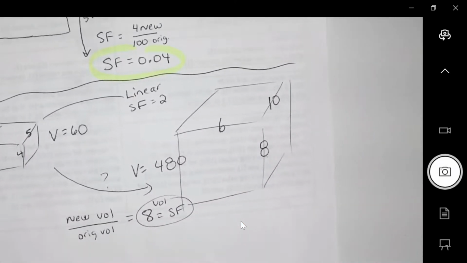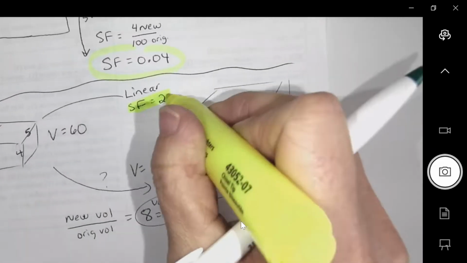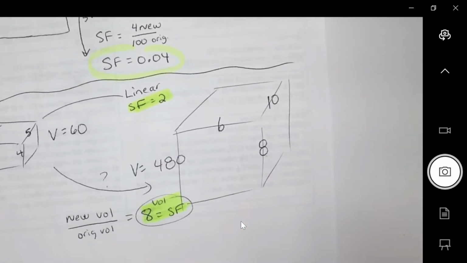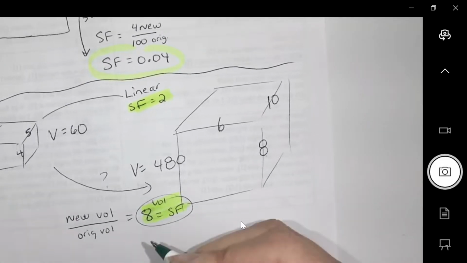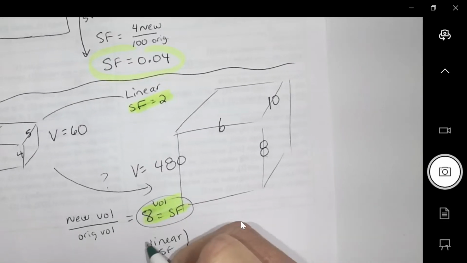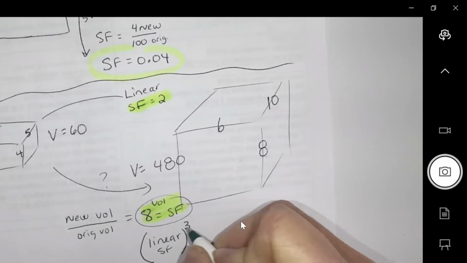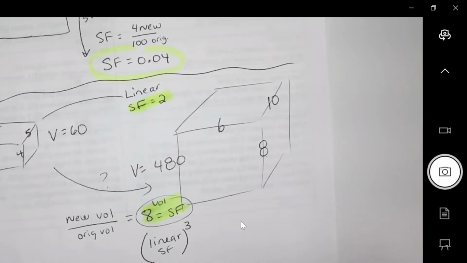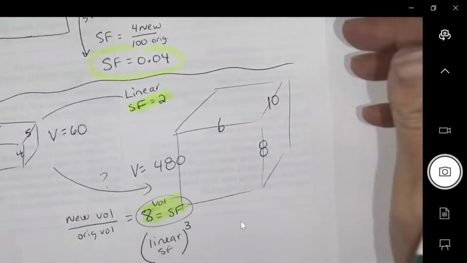Okay. If the sides double, but the volume is 8 times bigger, what's that relationship? It will be the linear scale factor cubed. Okay? Cubed. Not timesing by 3, but cubing it. Okay? Does this make sense?